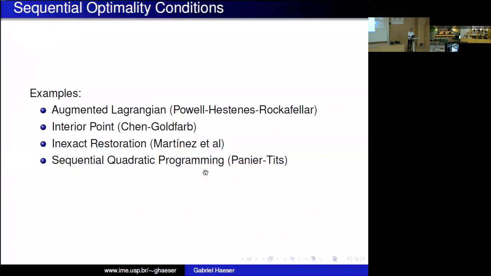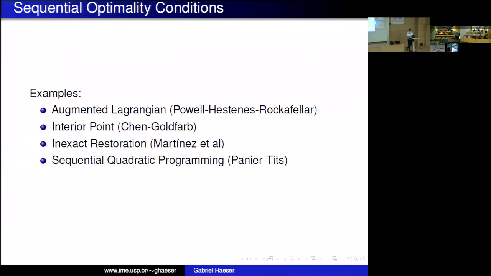And some classes of SQP methods, sequential quadratic programming, also generate this kind of sequence. I think that many other good algorithms will generate sequences like this.